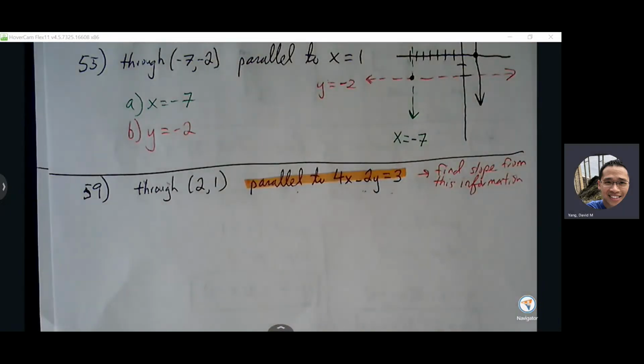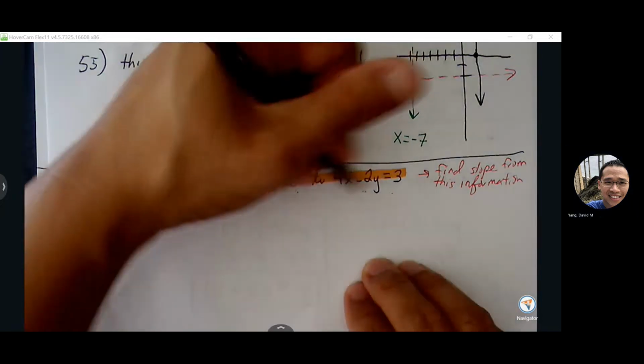So the easiest way to get to the slope, let's get into slope intercept form. And we can just pull the m value from that.